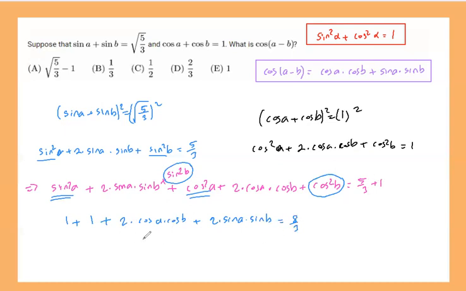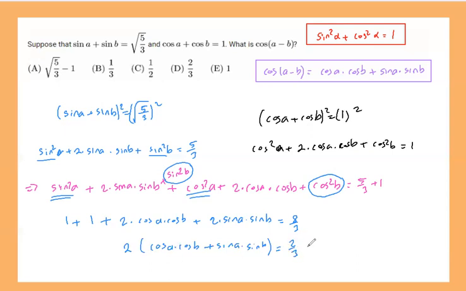Now we are almost there. I have 2 right here, and then I have 2 copies of the product, so maybe I can pull that 2 out: cosine A times cosine B plus sine A times sine B. When I subtract 2 from both sides, that would be 6 over 3 instead of 2, and subtracting gives 2/3.